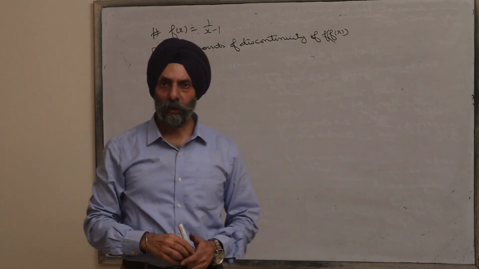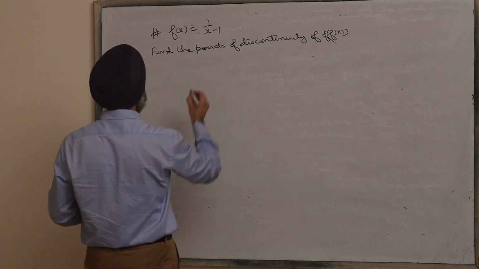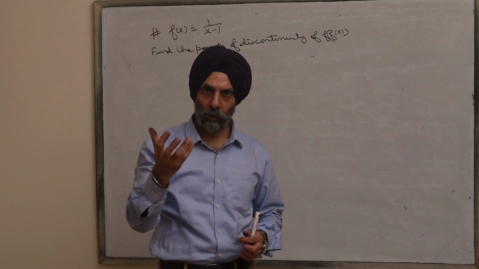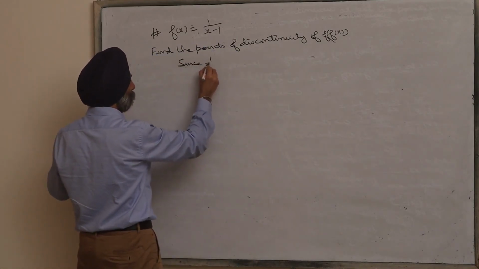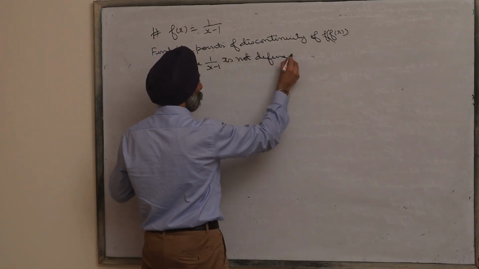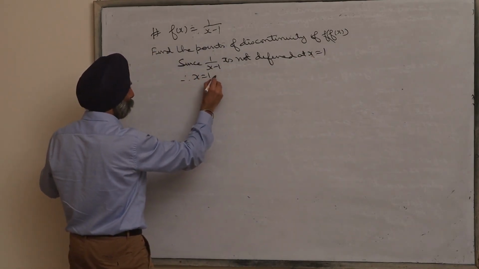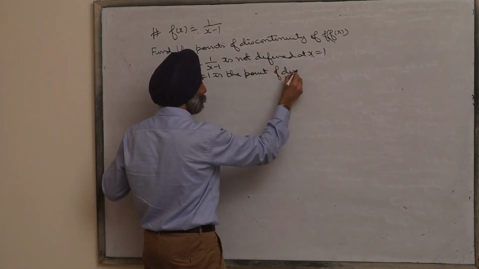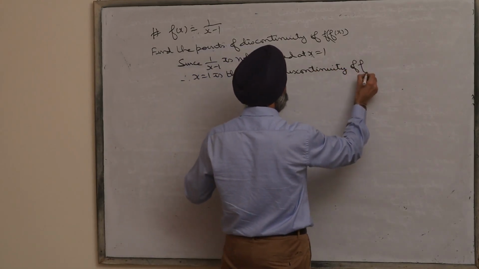So let us discuss the points of discontinuity of f(x). Now if a function is not defined at a point, how can it be continuous at that point? Since 1 over x minus 1 is not defined at x equal to 1, therefore x equal to 1 is the point of discontinuity of f(x).